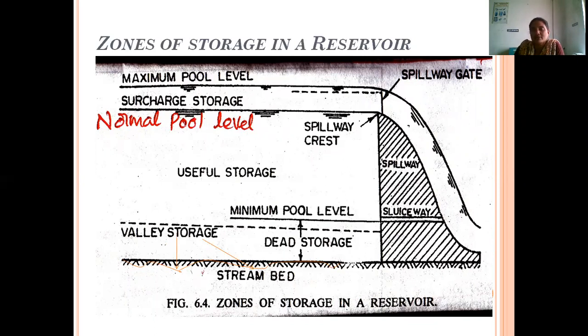The water utilized in the reservoir is one zone. Next, excess water, that water present in the dam and should not be controlled, so it is left to the river. All these depend on these purposes. We are divided into four zones: valley storage, dead storage, useful storage, surcharge storage.